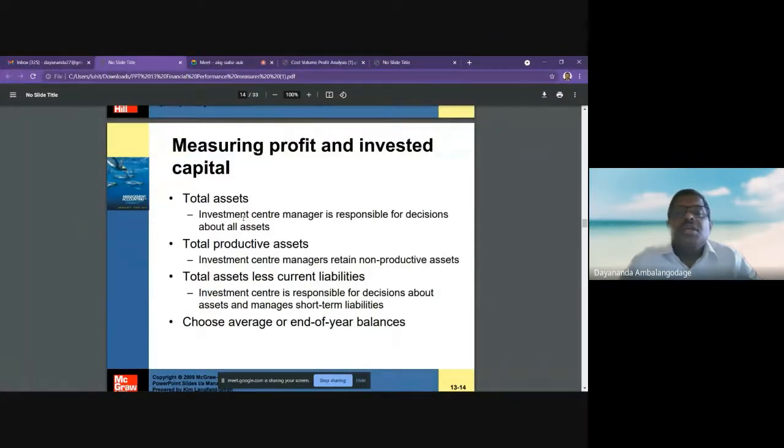How to measure the invested capital? You take the total assets. The investment center manager is responsible for decisions on all the assets. Total productive assets. Investment center managers retain non-productive assets. Total assets less current liabilities. The investment center is responsible for decisions about assets. Manager, short-term liability.